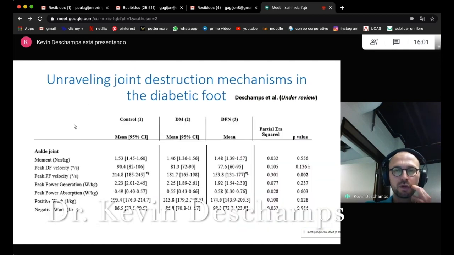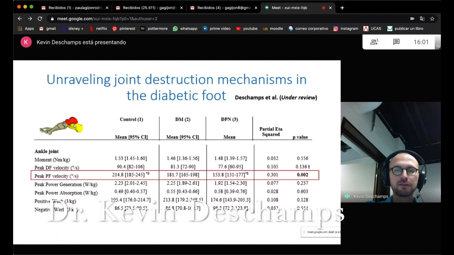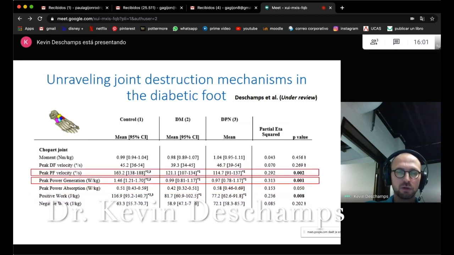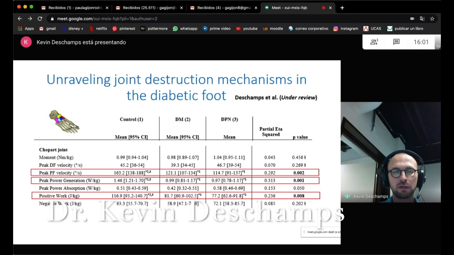And also here we saw that at the ankle joint, the peak plantar flexion velocity was critically reduced in those 2 patient groups. But more critically, at the Chopart joint, we saw that the power generation and the positive work was critically reduced in those 2 patients.